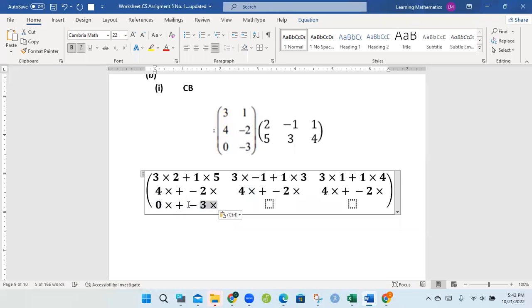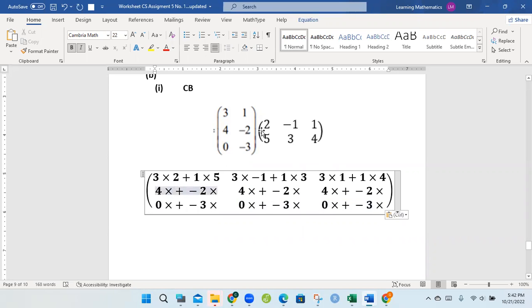The 0 and -3 have to deal with the 2 and 5. The 0 and negative 3 have to deal with negative 1 and 3. The 0 and the negative 3 across, that's in the row, have to deal with the 1 and the 4 column. So let's put in numbers.